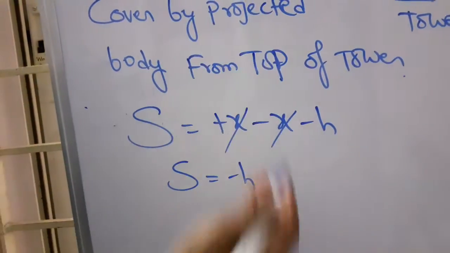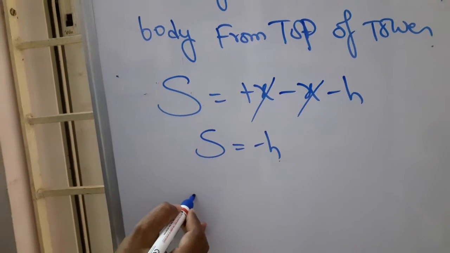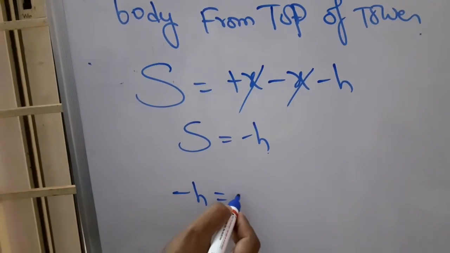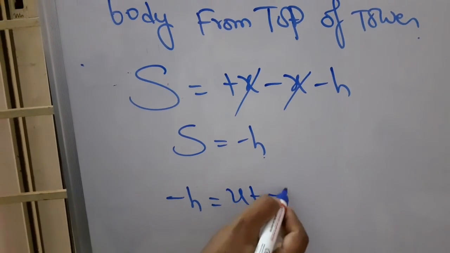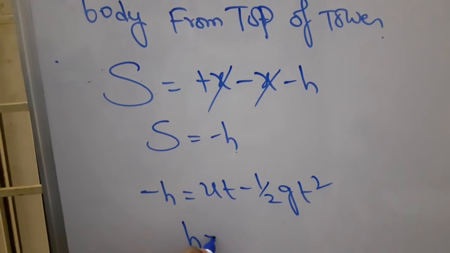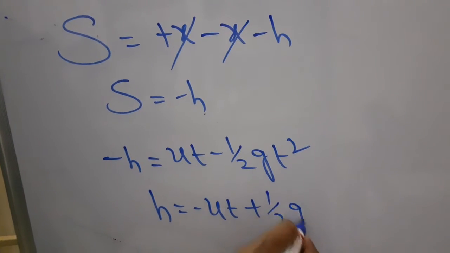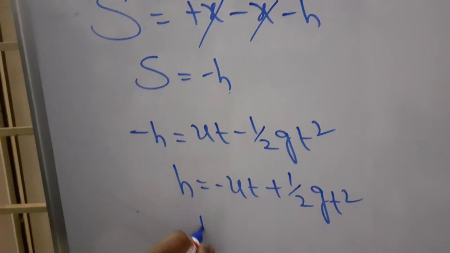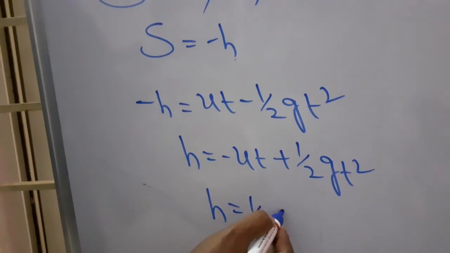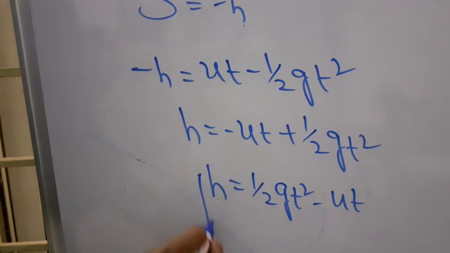These conditions you can substitute in them. Therefore minus of h is equal to ut minus half gt square. H is equal to minus of ut plus half gt square. Therefore h is equal to half gt square minus of ut.